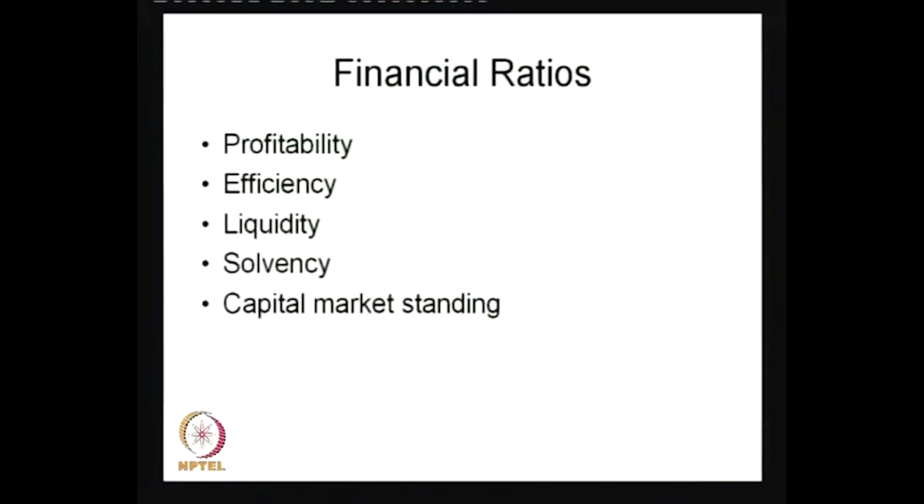Then we have some other ratios where we talk about the capital market standing of the company. In this case, unlike the previous four types of ratios where we get the figures from the financial statements like the balance sheet or income statement or something else published by the company, in this type of measurement, that is capital market standing, we take certain figures from the financial statements of the company and also certain figures from the capital market.